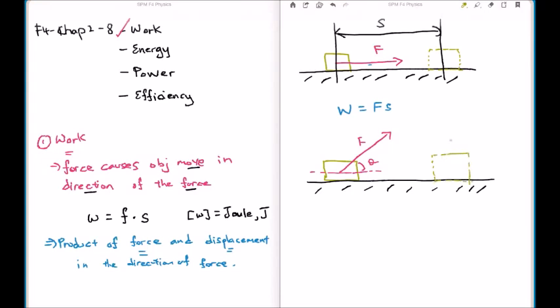So this object moves from here to here. What is S? Now please take note, the direction of force is now at an angle. So you can't say the work done is Fs. It is not the case, because now the direction of force is at an angle. So you need to look for the component of force parallel to the displacement. This is left to right.